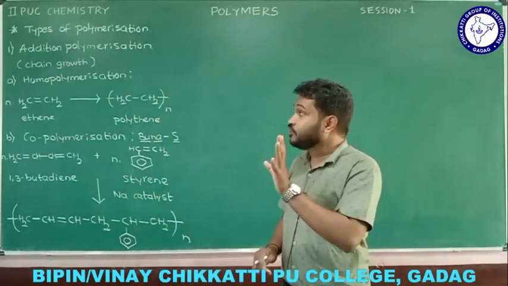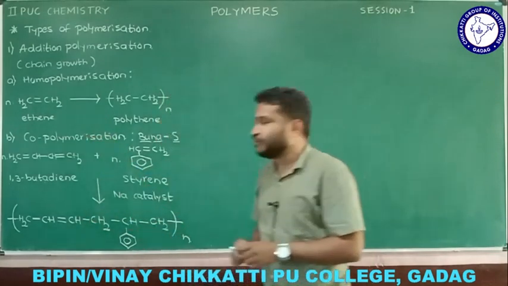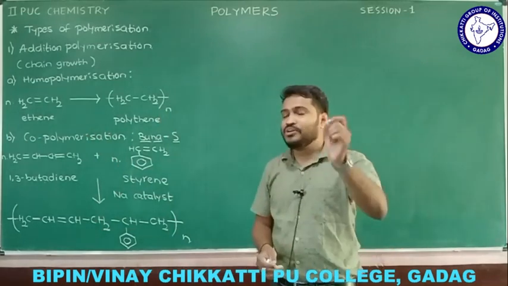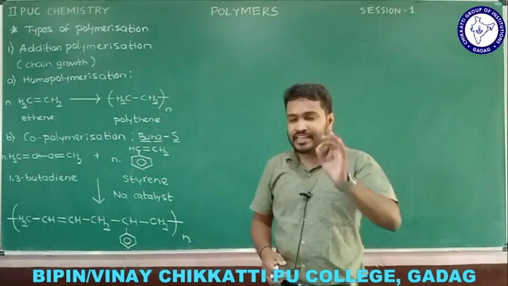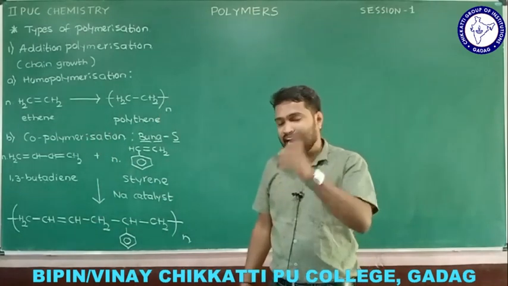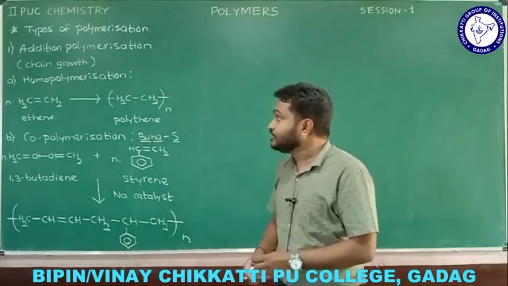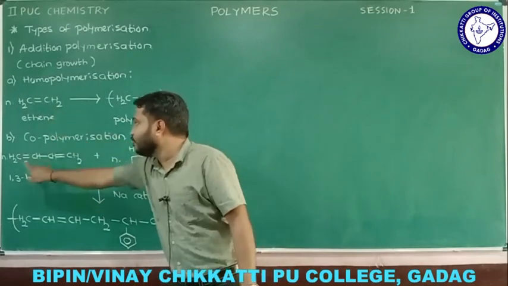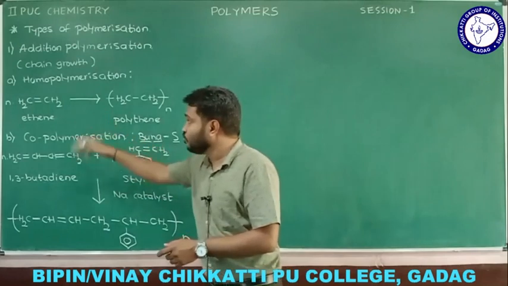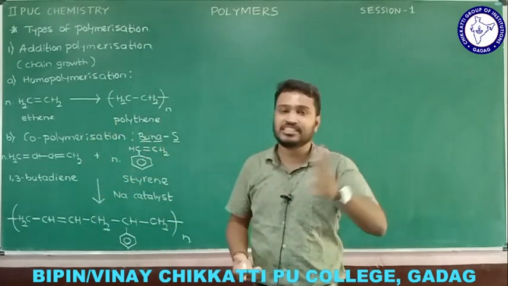And one more thing you should try to know: if you have only the monomers, and you don't know whether it is an addition polymer or a condensation polymer, I told you one way to identify that. In case of a monomer, if we have a carbon-carbon double bond or triple bond, that should take part in the polymerization and you are going to get an addition polymer. So we have a carbon-carbon double bond, and here also we have a carbon-carbon double bond, which means from these monomers you are going to get a polymer, and the polymer will be an addition polymer here.